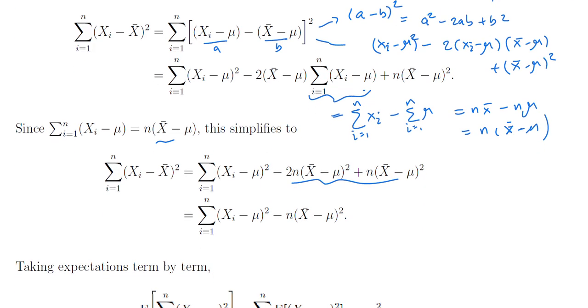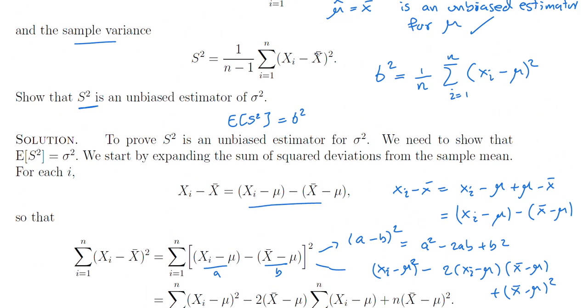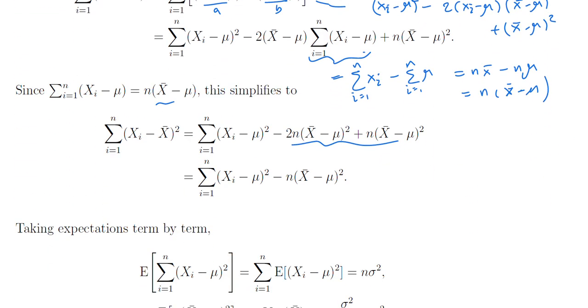Okay, next. Now we have simplified this sum. Then let's look at the expected value of this term. The expected value of this term is the expected value of the first term minus the expected value of the next term.